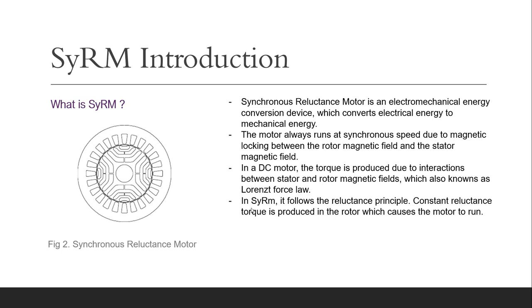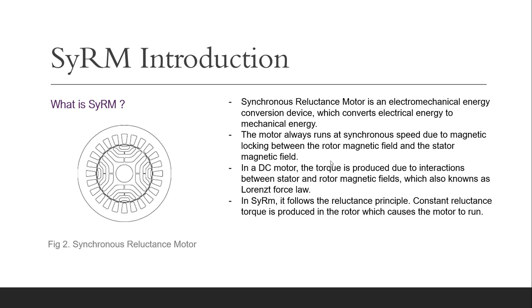Figure 2 here shows the basic structure of the synchronous reluctant motor. The synchronous reluctant motor is an electromechanical energy conversion device which converts electrical energy to mechanical energy, and the motor always runs at synchronous speed due to the magnetic locking between the rotor magnetic field and the stator magnetic field.